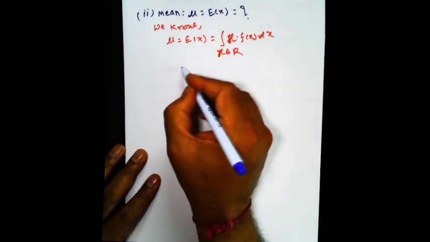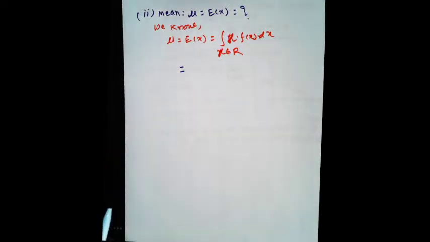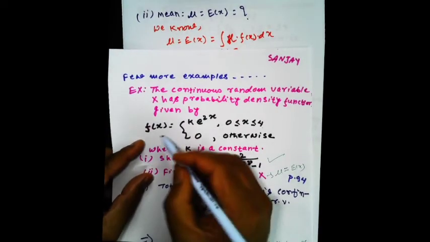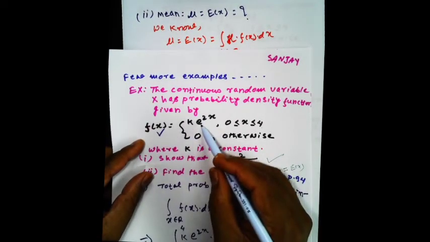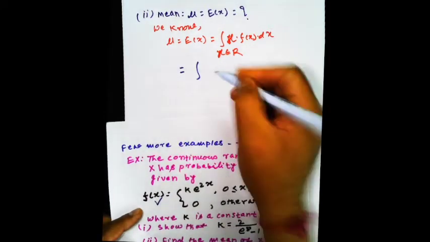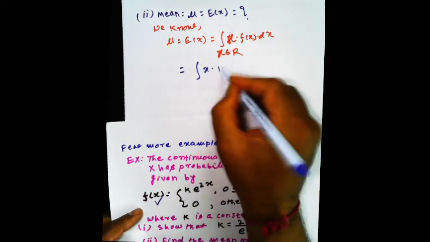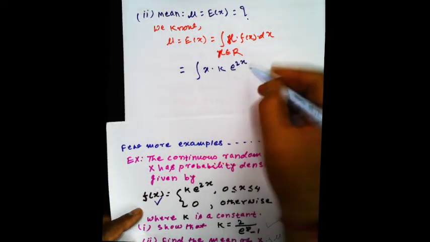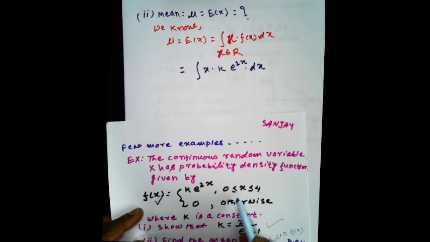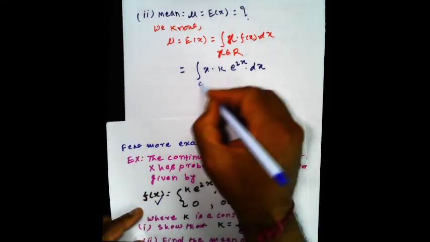Now in this case your function f(x) is k times e to the power 2x. So here we write the integration of x times k times e to the power 2x dx, in the range of x from 0 to 4.